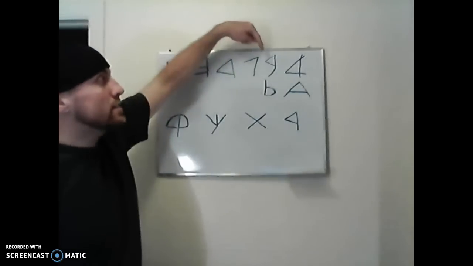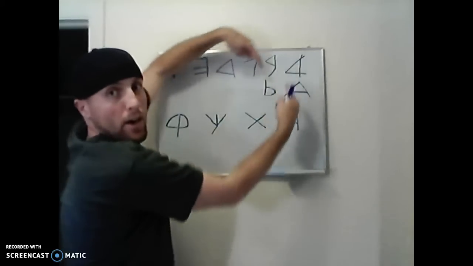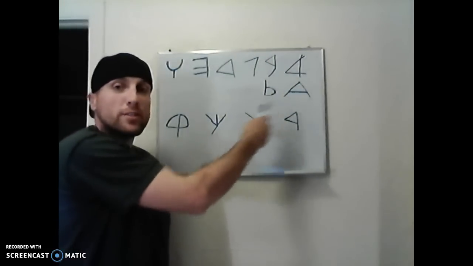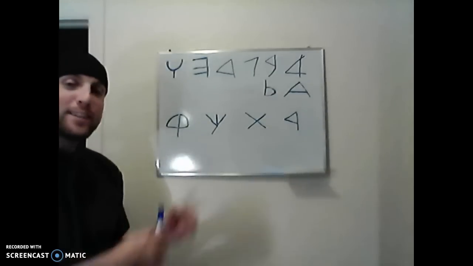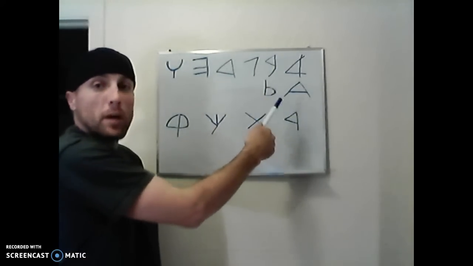However, you can see that they took the letter bait and they flipped it upside down. I just put a little curvature to mine, for no reason. However, it's the same letter. It's just been flipped upside down.